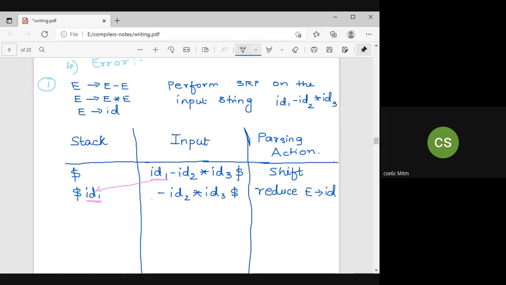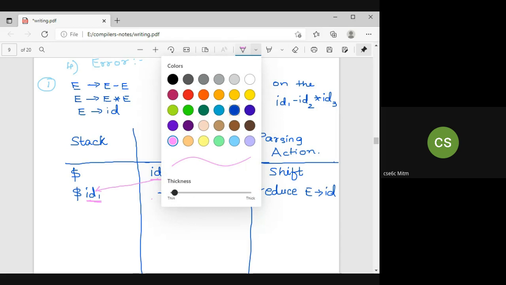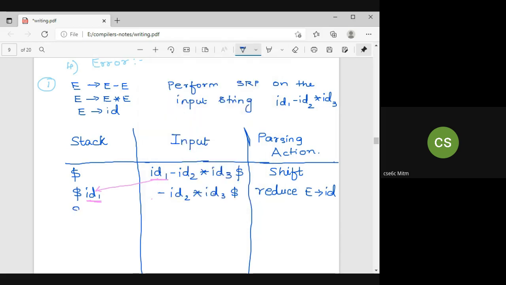That is the procedure that we follow for reduce. So here what remains is dollar and ID is reduced to E. What remains here? Minus ID2 star ID3 dollar remains.